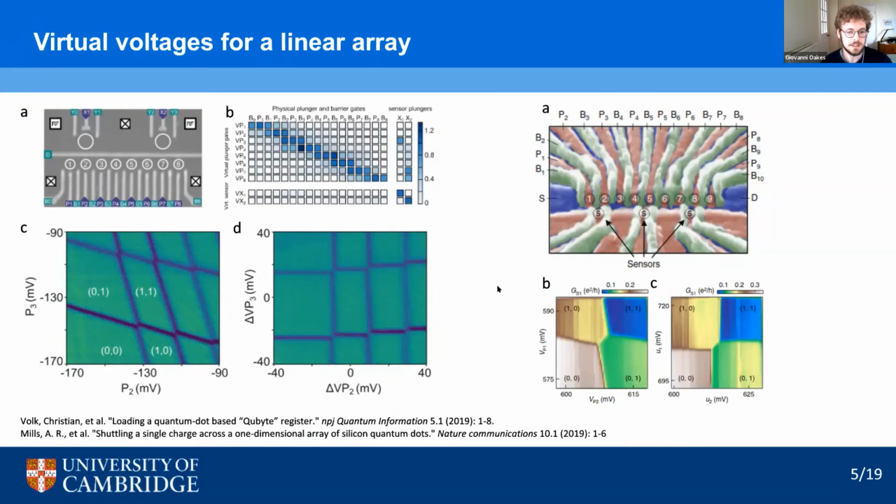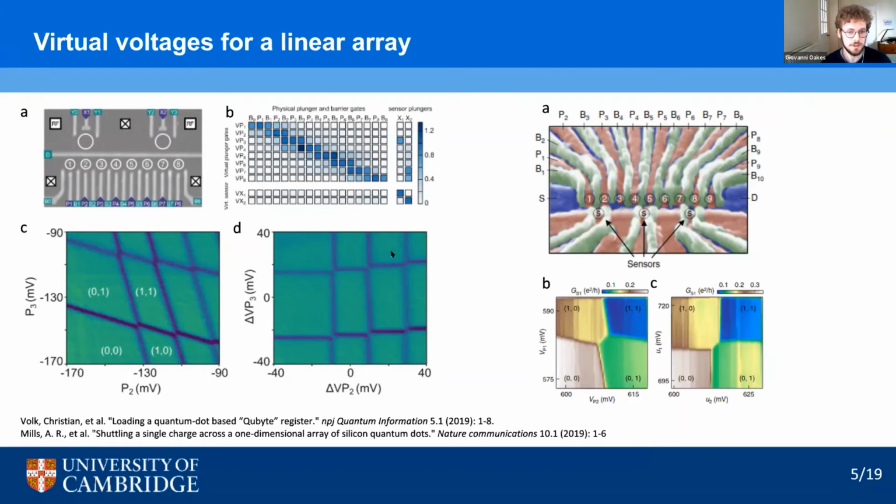So there's a group in Van Sijpen's group and Pittar who have been looking at how, in a 1D linear array of quantum dots, you can use a combination of voltages to make these transition lines perpendicular to each other, so you can then control each quantum dot independently.